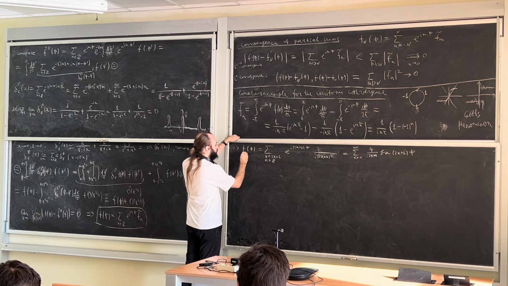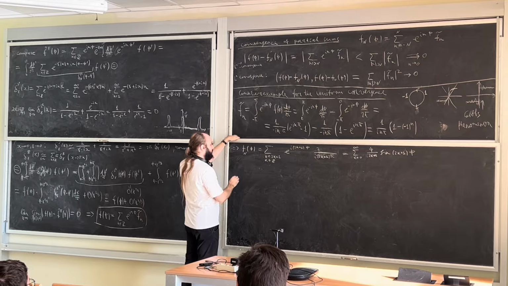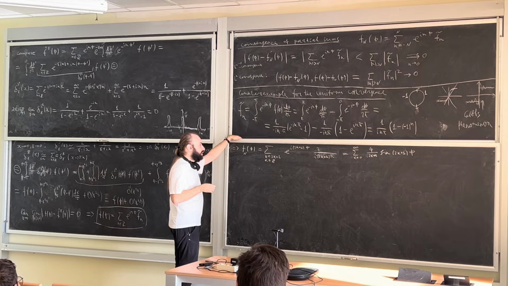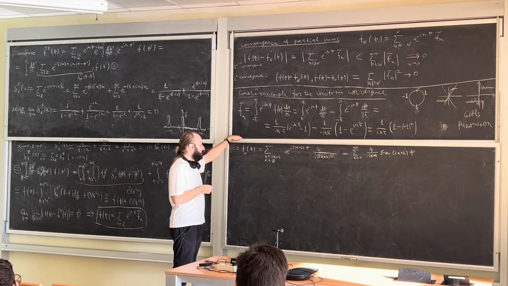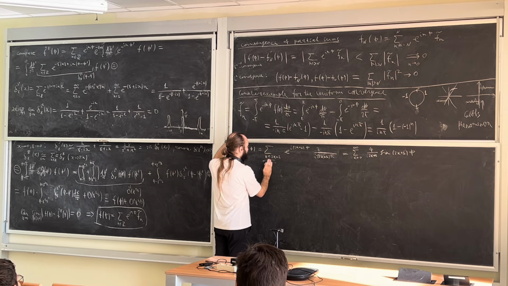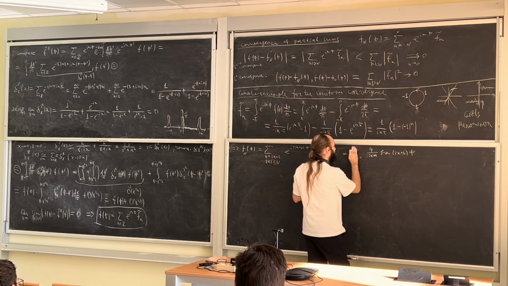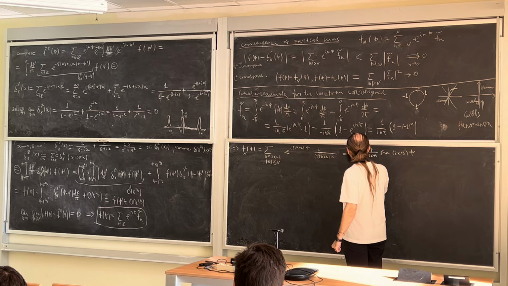So it was f. We are interested in partial sums, so let us add a restriction of k by n. This sum will be from k equals 0 to n.